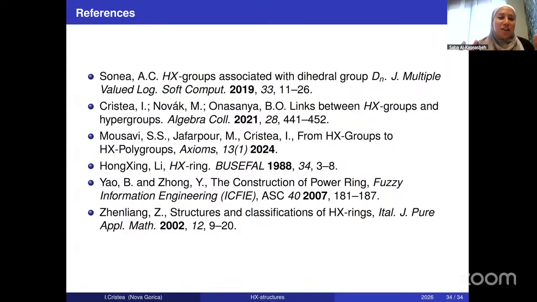We just know that HX rings are power rings, but vice versa, when they are equal, not yet. It could be a topic for a future article.